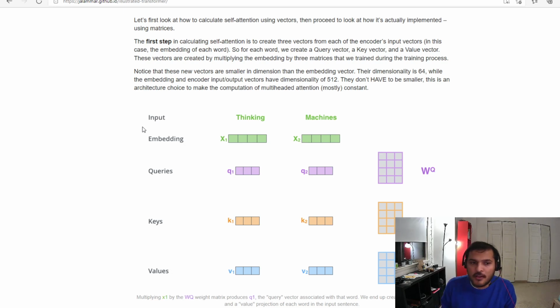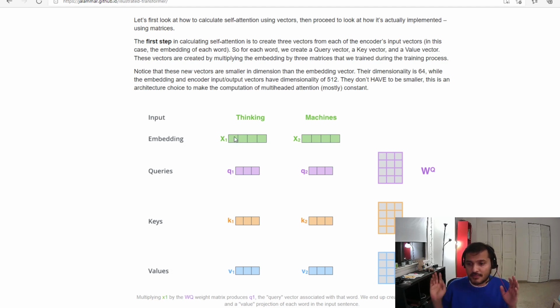Let's jump into that. They use some database terminology, which is kind of redundant in my opinion, but let's see. Let's say you have two words in your sentence, thinking machines. You get their embeddings. Note that embedding dimensions are always the same because you want them to be the same. Otherwise, you would have to pad them.